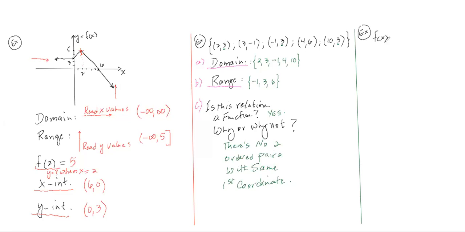f of x is equal to x cubed minus 3 over 2x squared minus 4. Find f of -2. Go ahead, try that, please.